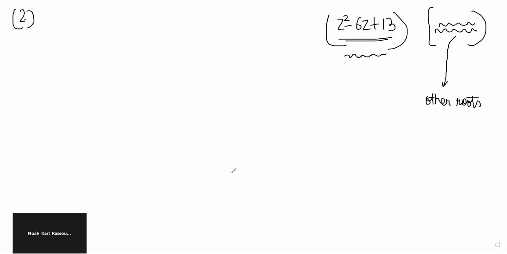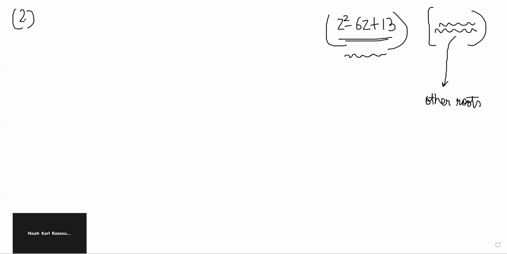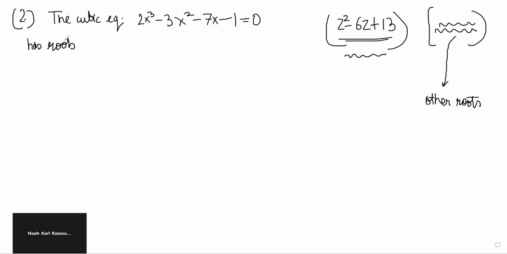Right. So the next question is the cubic equation 2x cube minus 3x square minus 7x minus 1 equals 0 has roots alpha, beta, gamma.